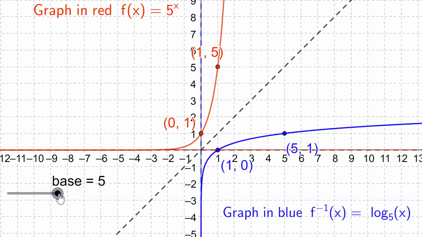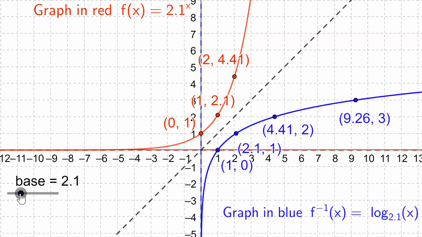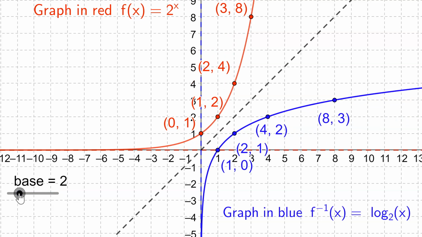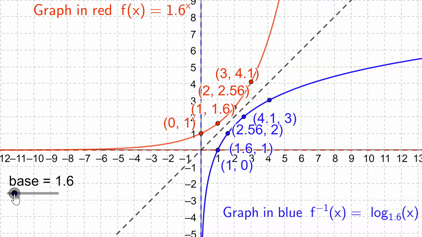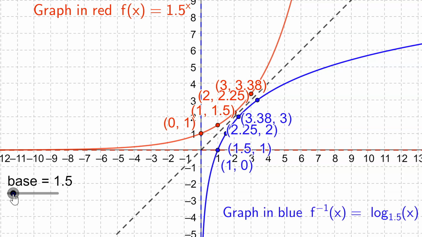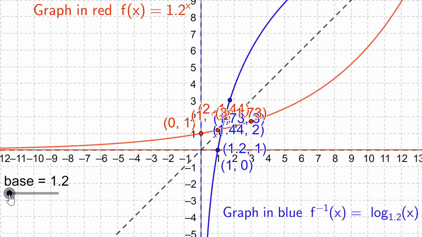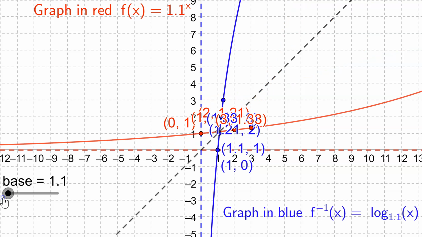So now I'm going to bring the base back to where I started at 2. And now I'm going to reduce it even more, but I'm going to make sure it stays over 1. So as the base reduces, I still get increasing parent graphs, and they are still reflections about the line y = x.